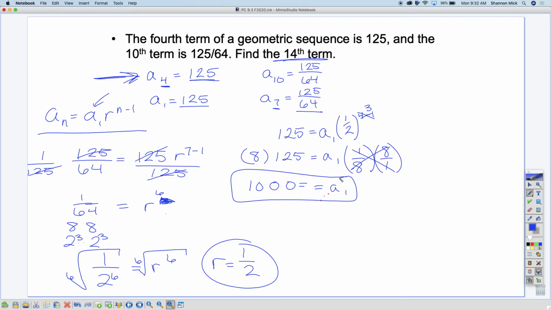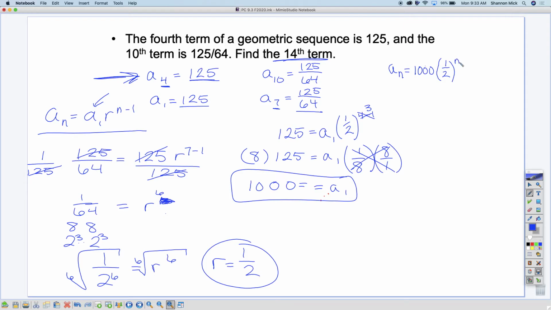Yes. So I have a sub n equals a sub 1, which is 1,000, times r, 1/2, to the n minus 1. Where did 1,000 come from? That's our a sub 1. 8 times 125 is 1,000.